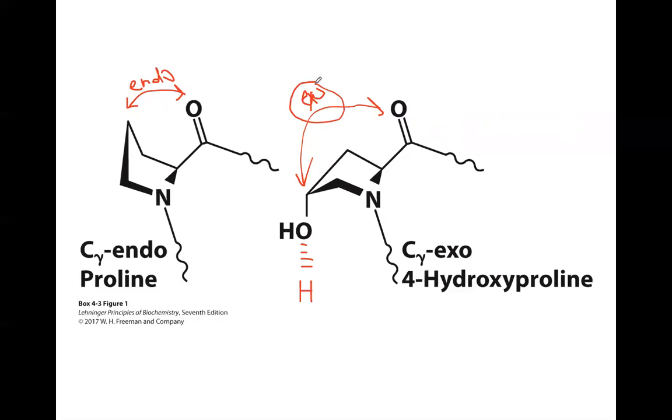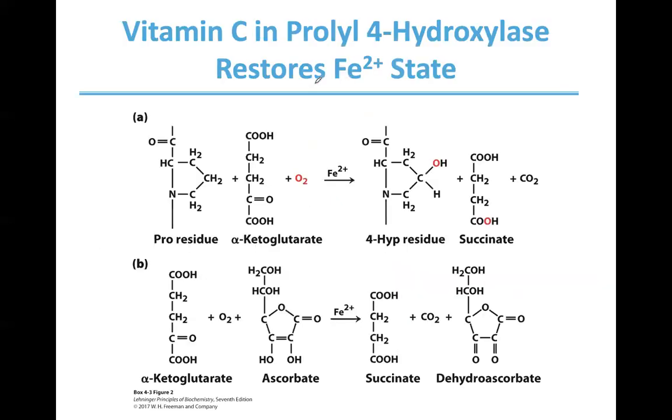orientation. And so what does this ascorbic acid do? So ascorbic acid and vitamin C is the same thing, right? Vitamin C. So here we have our proline. Here's ketoglutarate, oxygen, and iron.